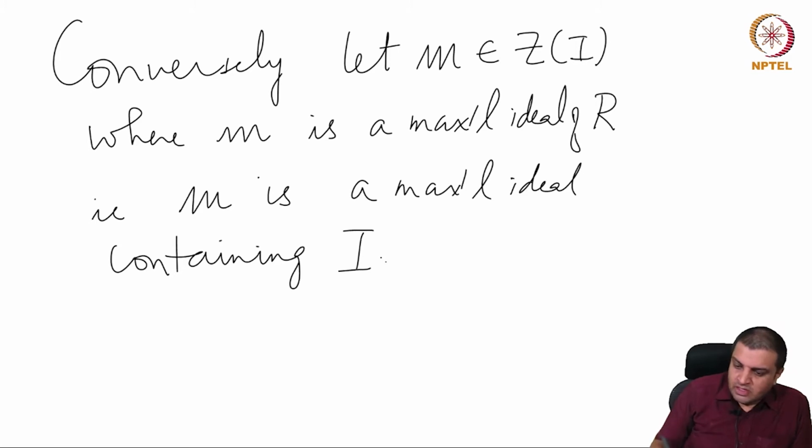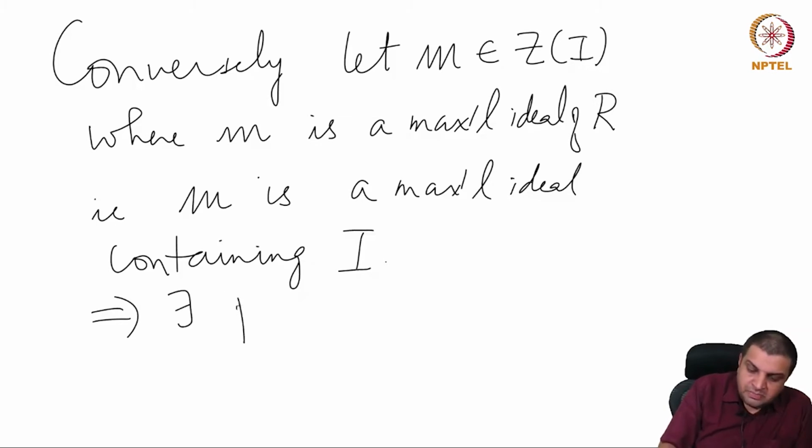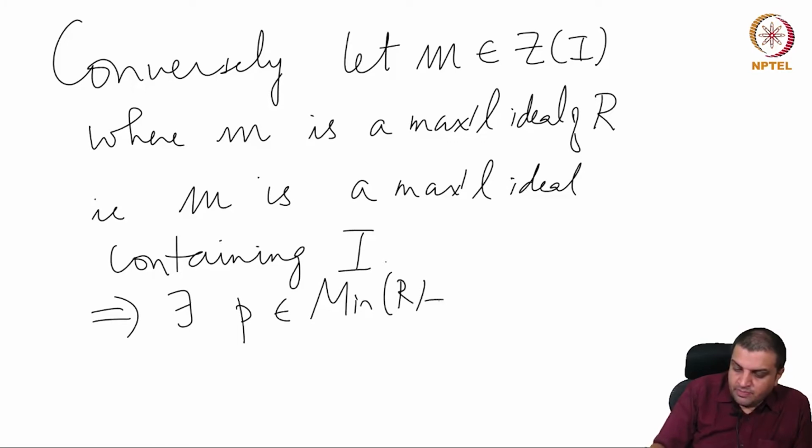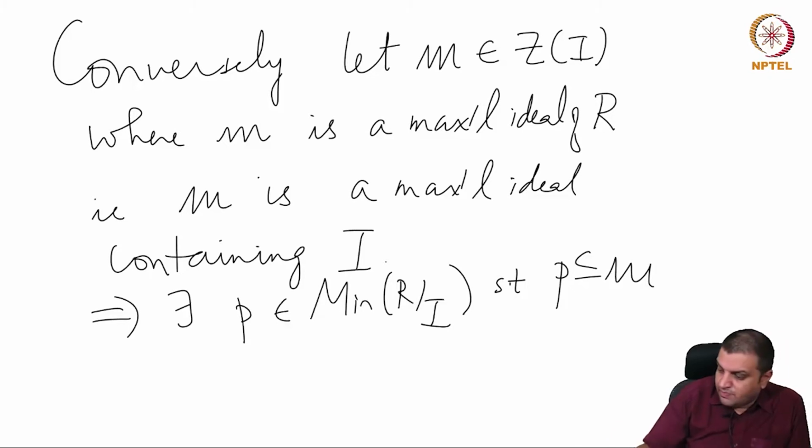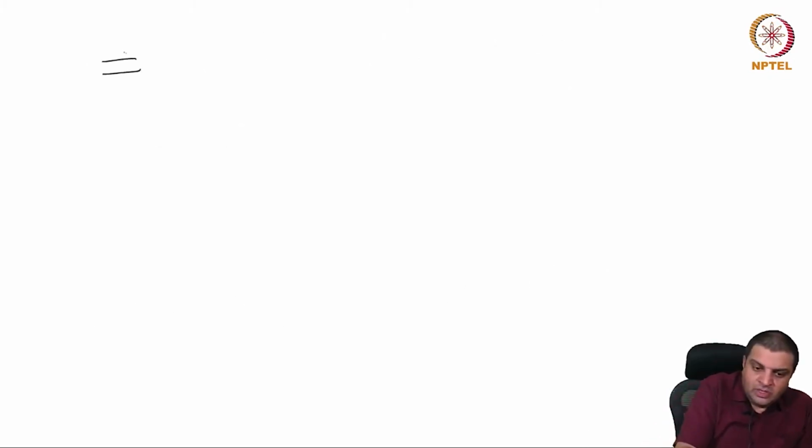So M is a maximal ideal containing I, which now implies that there is a prime ideal containing I, so therefore there exists P inside min R mod I such that P is inside M. This is a maximal ideal, this is min, so by definition there is one, which is all that we wanted to prove.